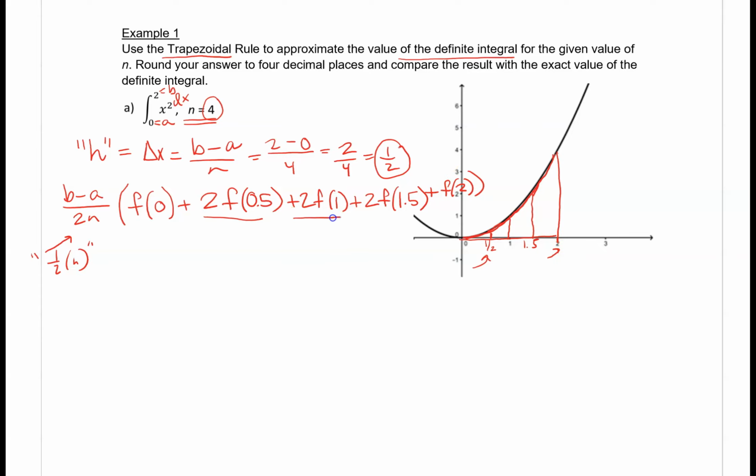So I had to multiply all the in-between ones by 2. Now this b minus a over 2 we already found to be 1/2, but maybe I'll just plug that in here so you can see how that works.